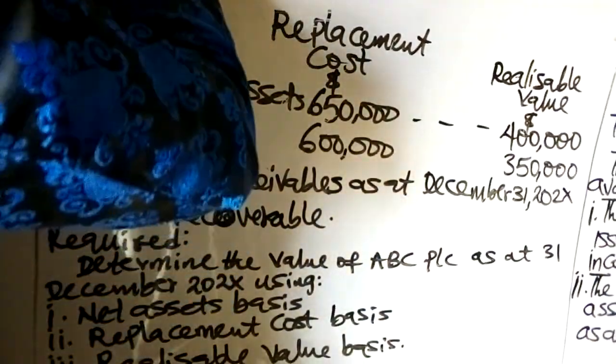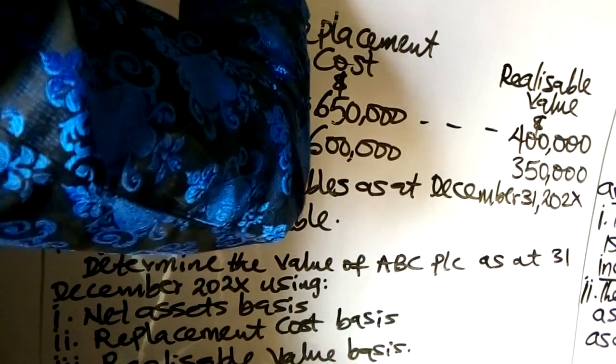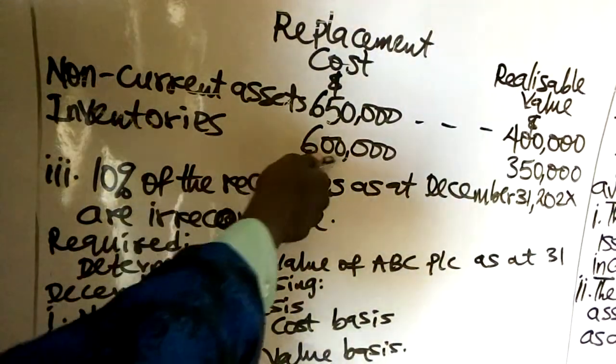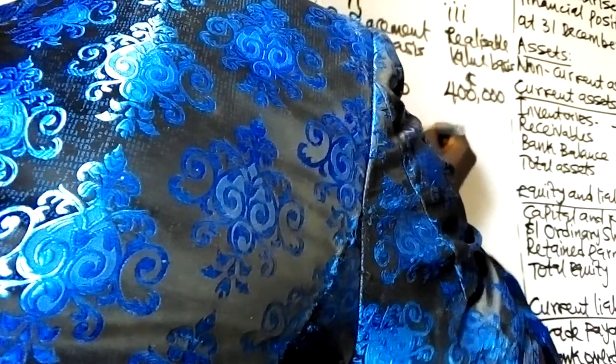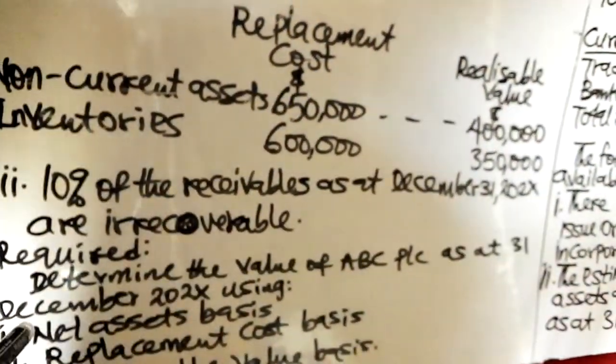Then we have inventories. The replacement cost of inventory is 600,000. You put that under the replacement cost. And the realizable value of inventory is 350,000.